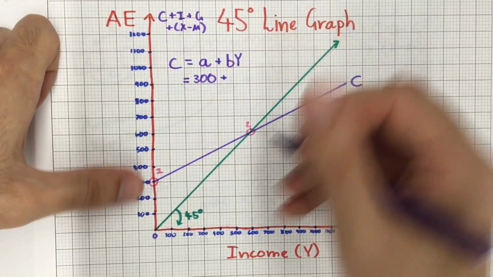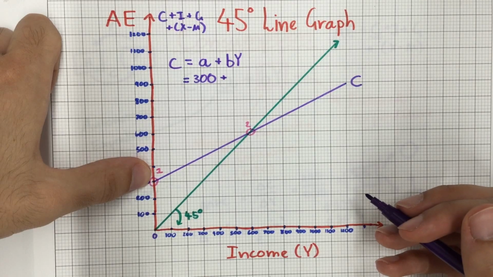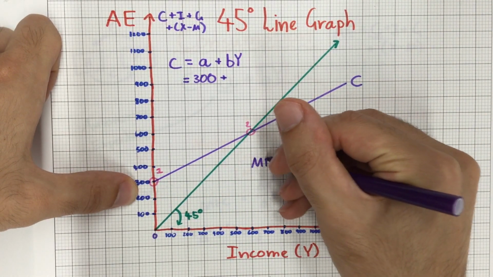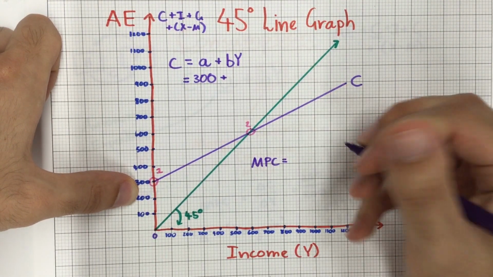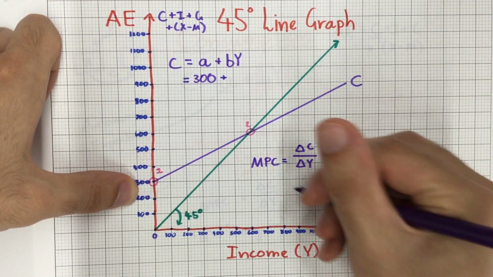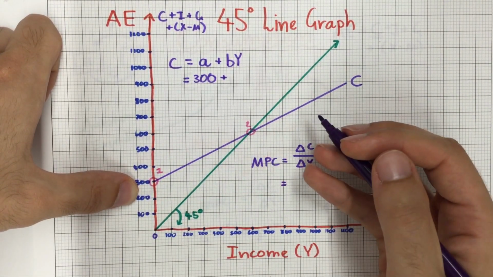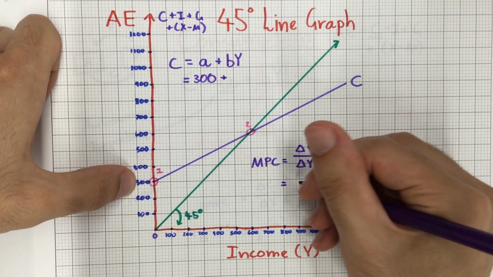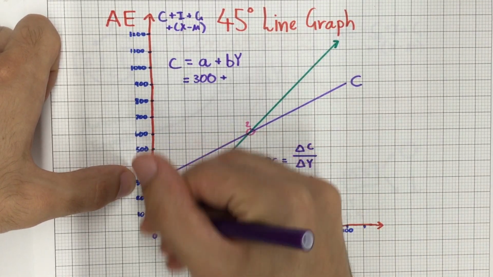And so what I'm going to do is find out the marginal propensity to consume just by looking at this line. So the marginal propensity to consume, as we should know, is the change in consumption divided by our change in income. So let's take these two different points. At this first point, our consumption or spending is 300 and our income is 0.